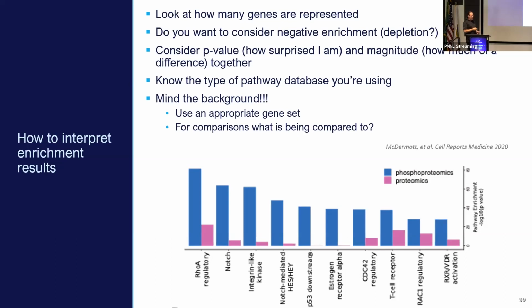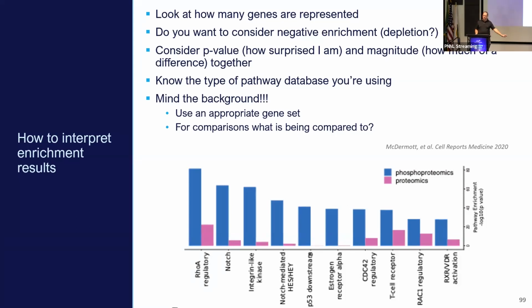Another is whether or not, for your experimental setup and your questions, you want to consider negative enrichment. So in this case, this would be, I'm very surprised to get this result. I don't see any members of my pathway and I would expect to see 5 members, right? So that's interesting, but is it really that actionable?